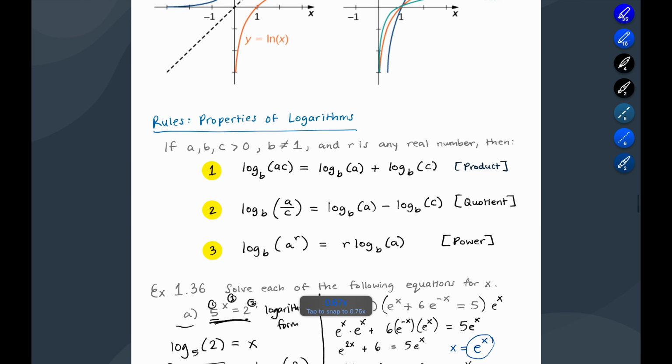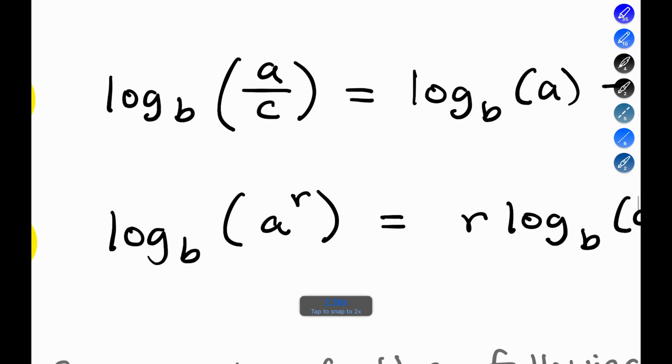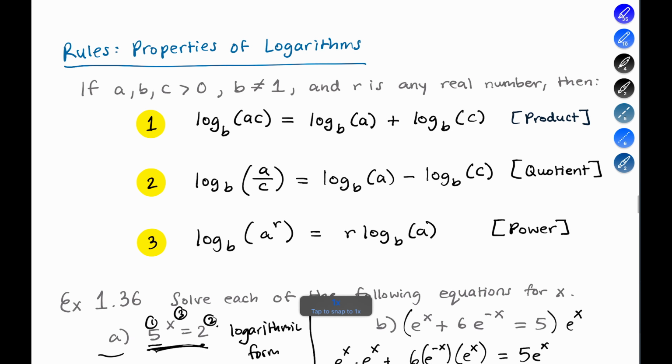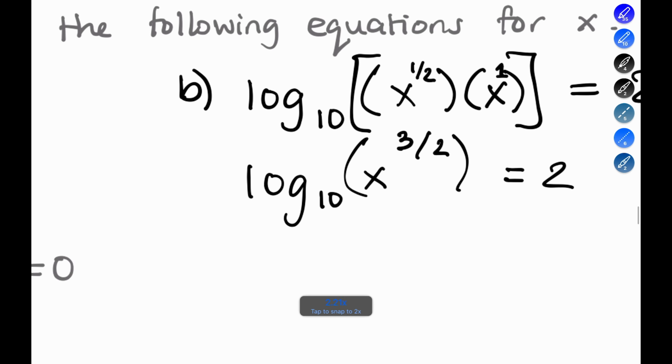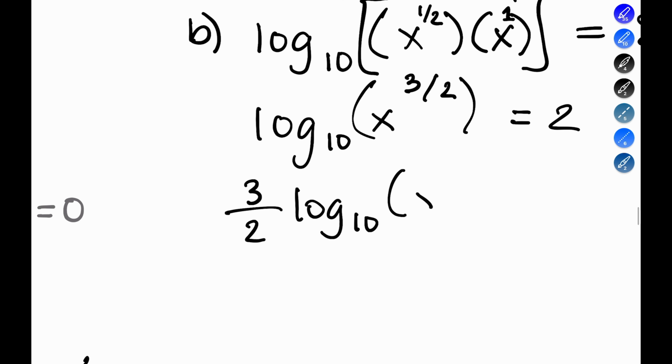Using another one of our logarithmic rules, we can take the exponent r and put it out at the front. So we could do that with our 3/2. Doing that, we will get 3/2 log base 10 of x is equal to 2.